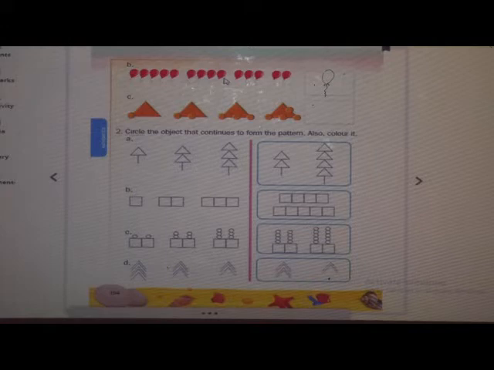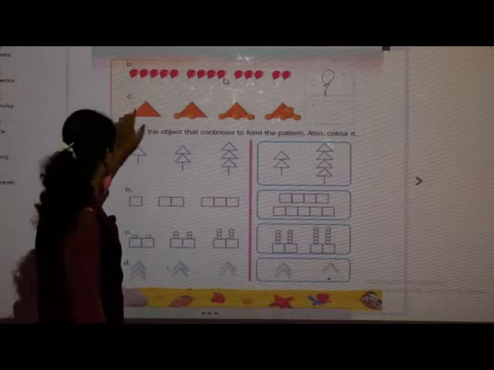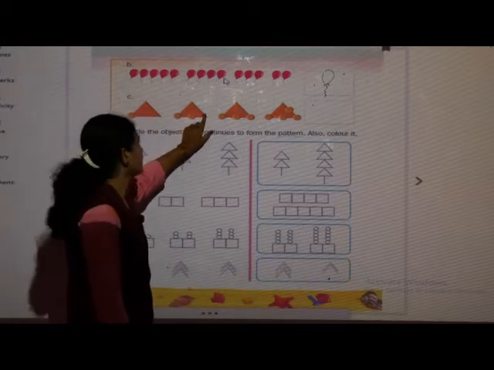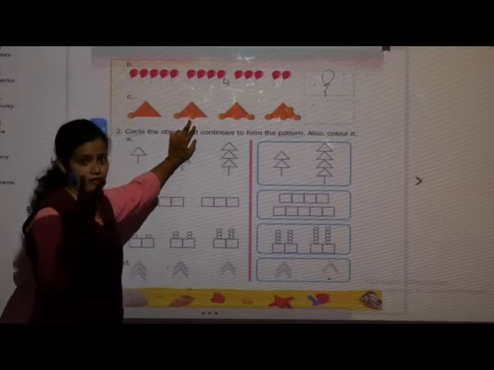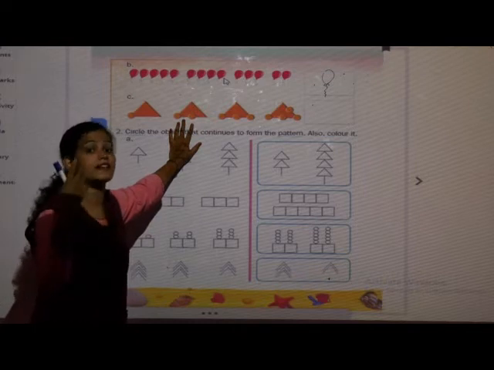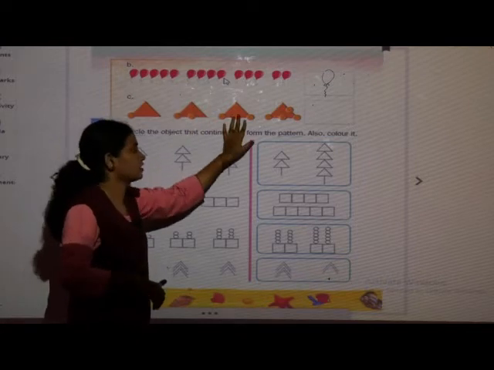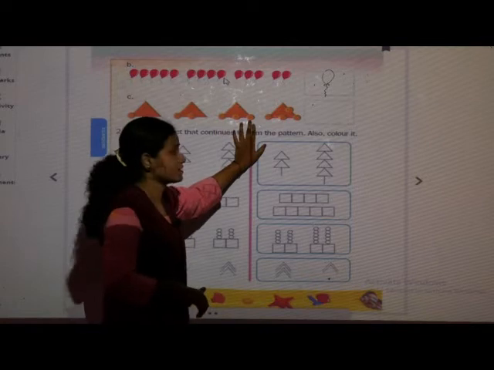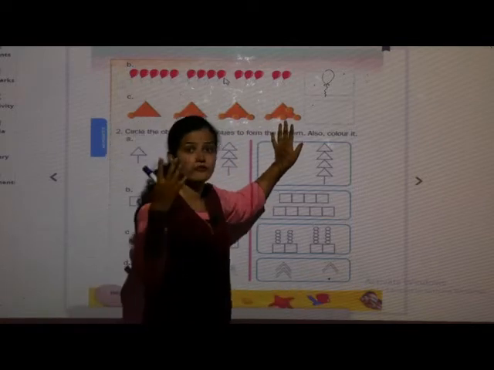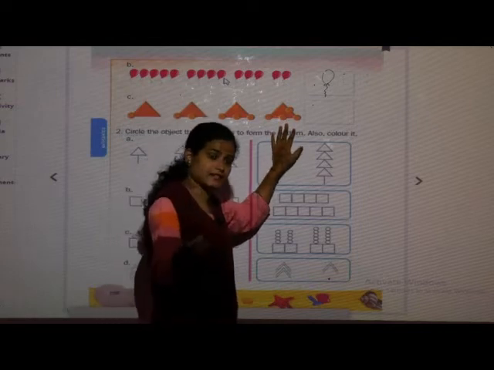Now here triangle, and on that one circle. In the next picture, triangle, two circles. Here one and here two, means it is increased. Then on the next triangle, three circles, again increased, and in the next, four circles, again increased.